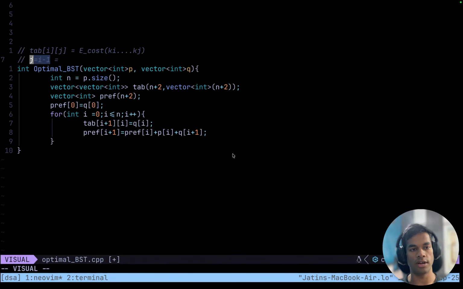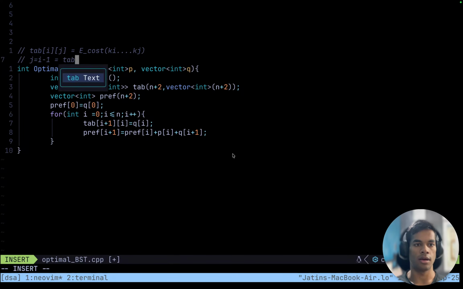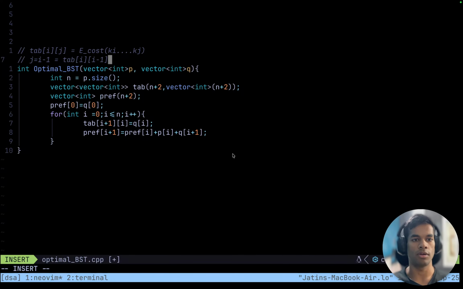J is the dummy node that I am choosing. And I can write this as tab I and I minus 1 equals the dummy node, and the dummy node that I am choosing is qi minus 1. Okay, that makes a lot of sense.